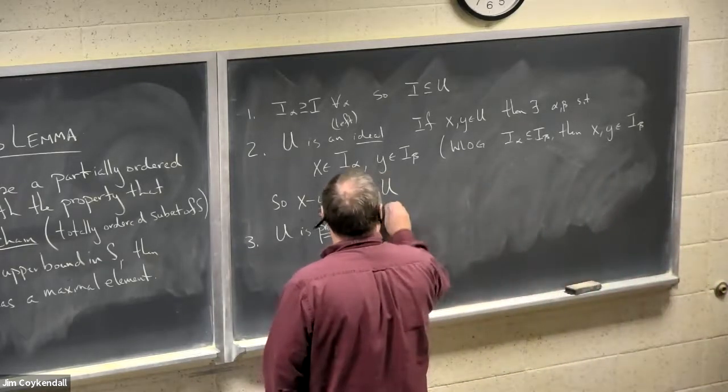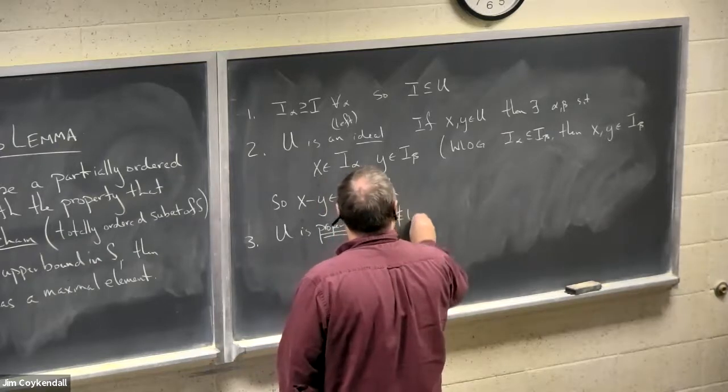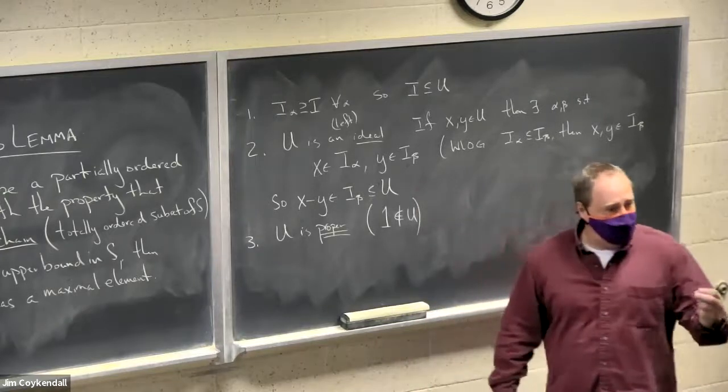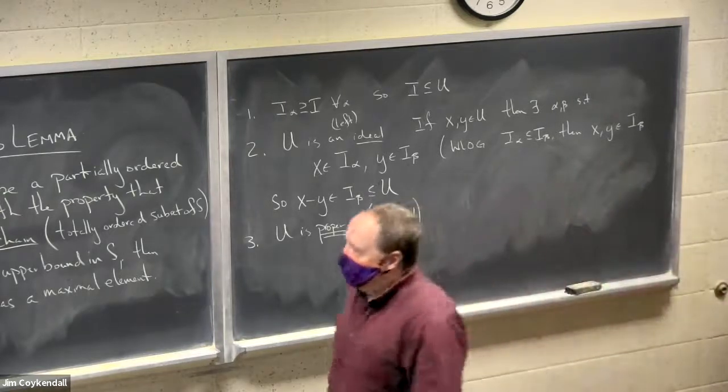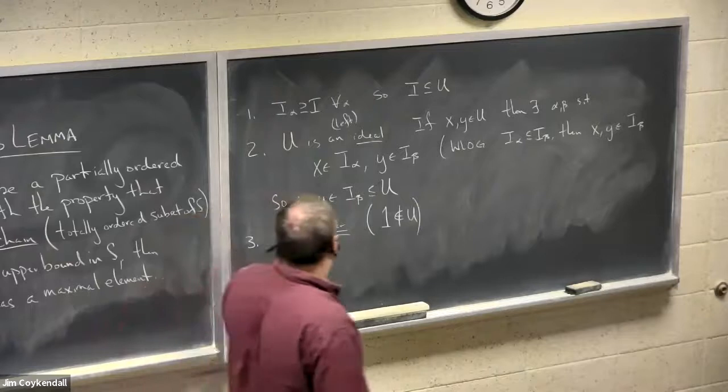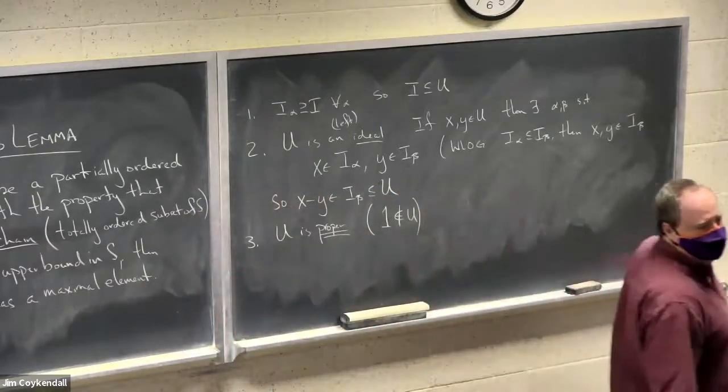Notice that one is not in U. That's why it's important the ring has a one. How do I know one is not in U? Because if one is in U, then it's in one of these things. And that would mean that whichever alpha it's in is not proper, which would be a contradiction. So the ideal U must be proper because it doesn't contain the identity.